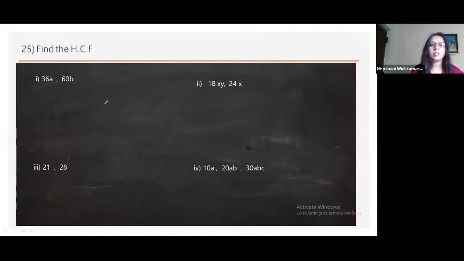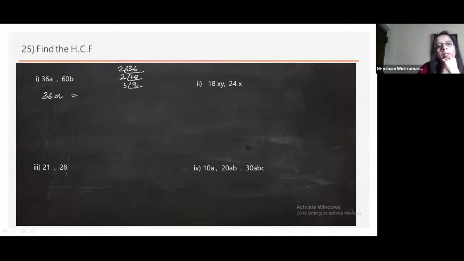Find the HCF. HCF means highest common factor, right? So what is the HCF here? We can write 36A. Divide by 2, 18. Again by 2, 9. Again by 3, 3. Again by 3, 1. 2 times 2, 4, times 3, 12, times 3, 36.